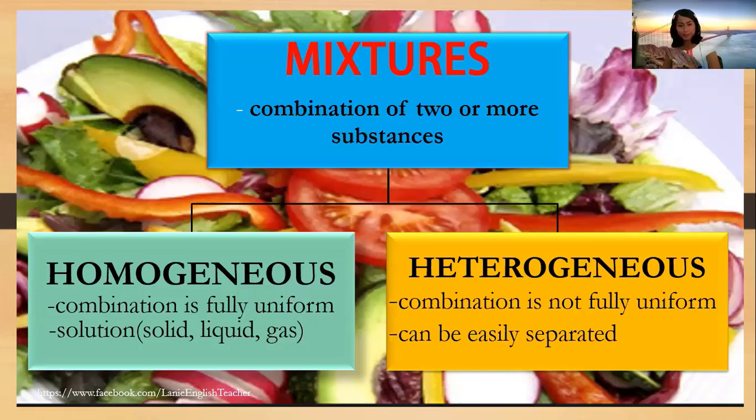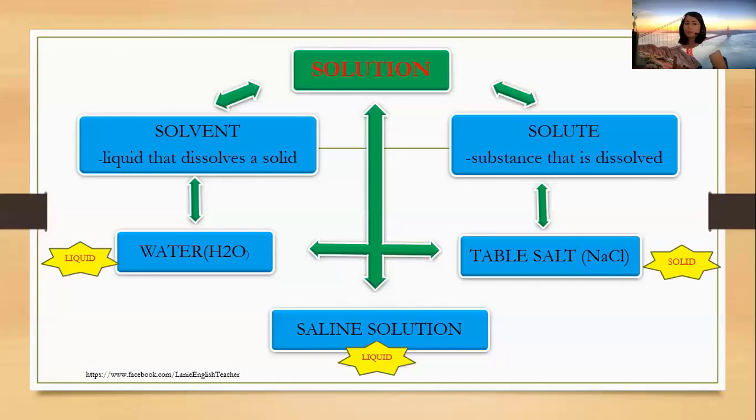Well done. Now, let's talk about solution. A solution has two parts, the solvent and the solute. Solvent is the liquid that dissolves a solid, and solute is a substance that is dissolved.